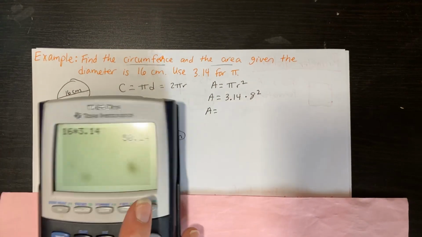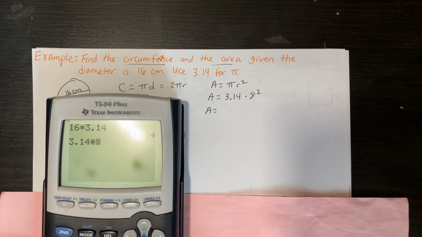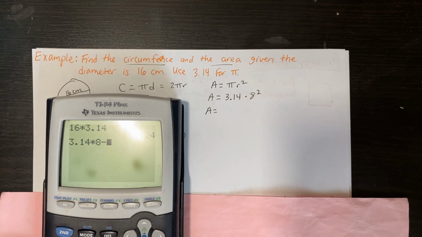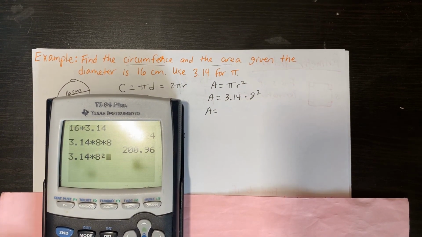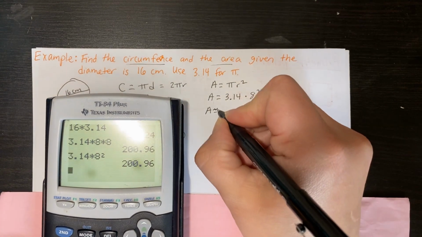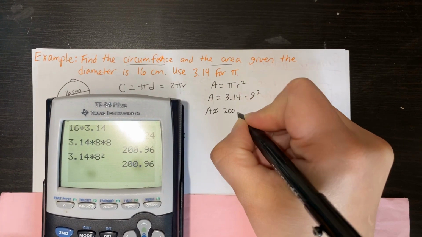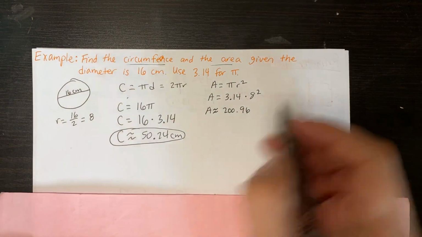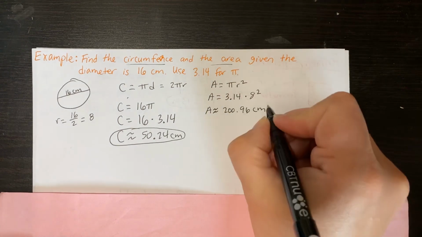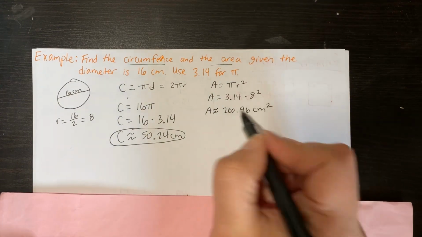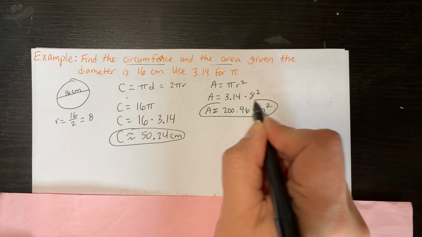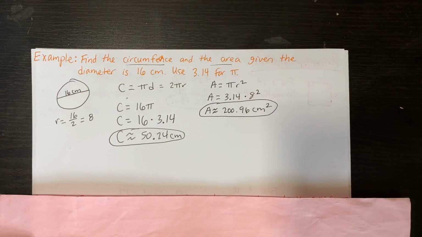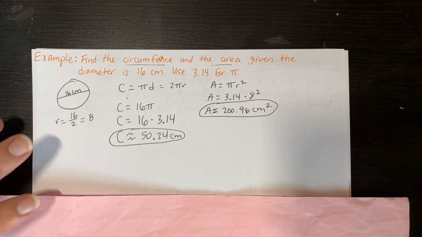Okay, now we can use our calculator. 3.14 times 8 squared. It's going to be approximately 200.96 centimeters. And because we're working with area, it needs to be squared. Okay. So there's your circumference and your area.